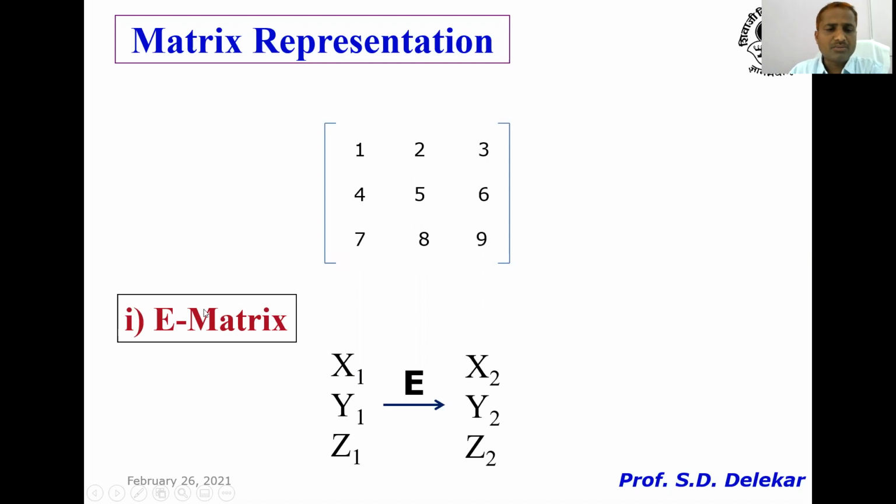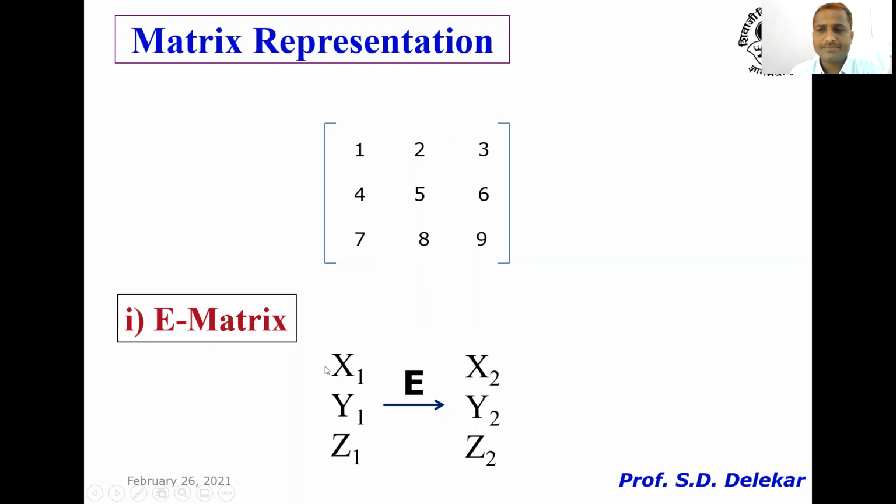We want to discuss the matrix representation of the various symmetry elements. First is the matrix representation of the identity symmetry element, which is also termed the E matrix. So how can one represent the matrix for the identity symmetry element?